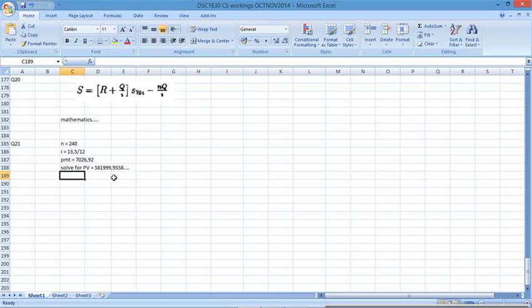That represents 60% of the total house value. So that's the total cost of the house, and obviously the deposit is the difference.